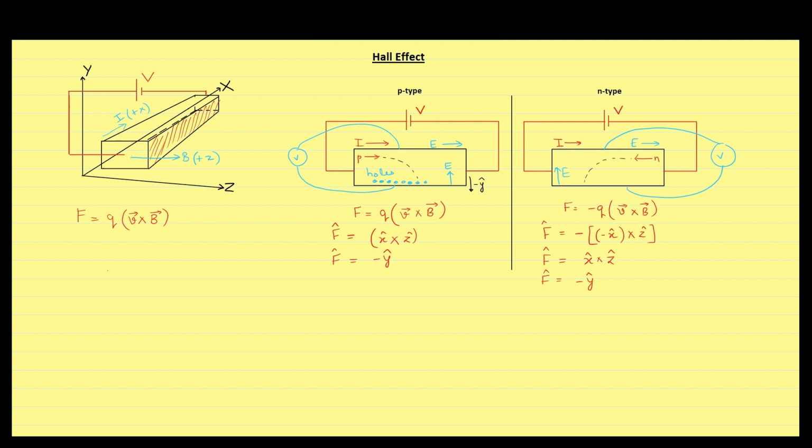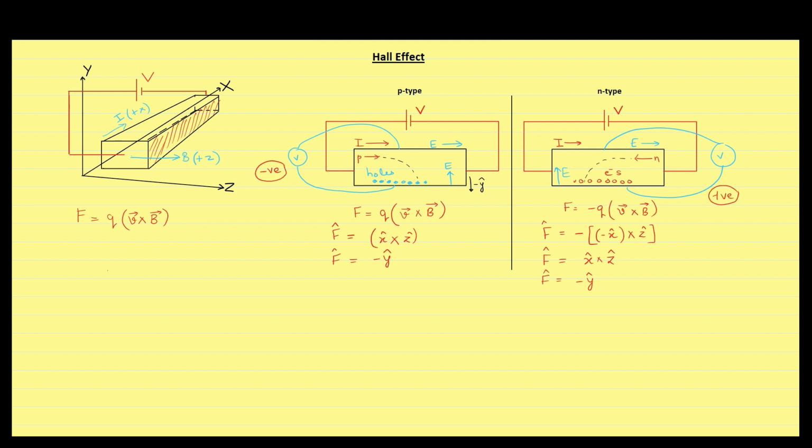Therefore, if we measure the voltage with positive node on the top surface, then we will get the voltage to be a negative value. And here for n-type semiconductor, electrons will get accumulated on the bottom surface, and again if we try to find the Hall voltage with a voltmeter with positive node on the top surface, then we will get a positive Hall voltage.